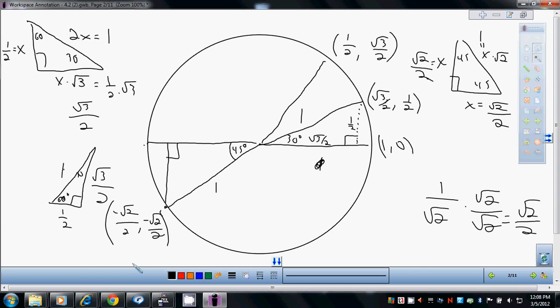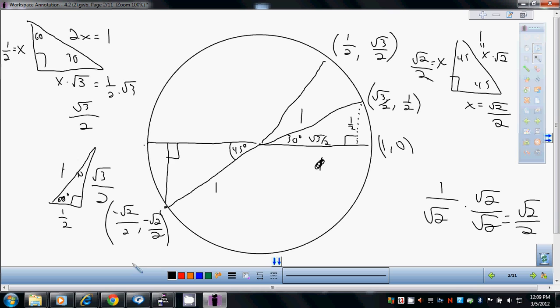Now, before we even get into tangent, what if I ask for secant and cosecant? You just go to that angle and then give me the flip of it. So, for instance, what is cosine of pi over 6?